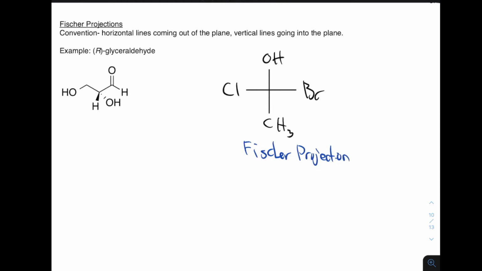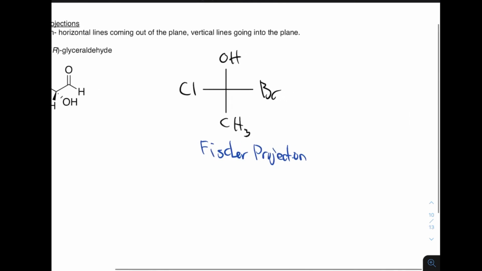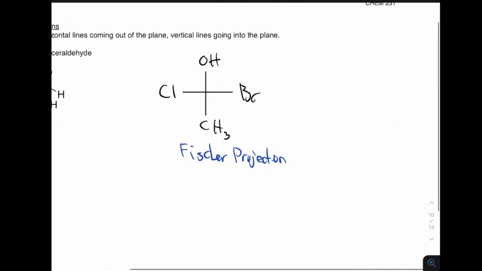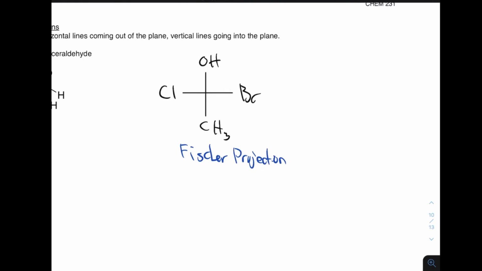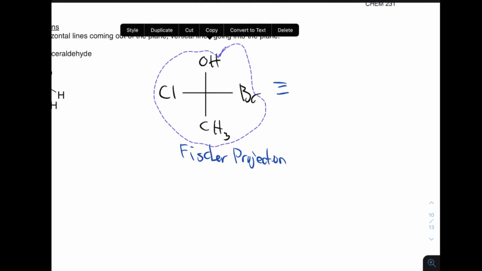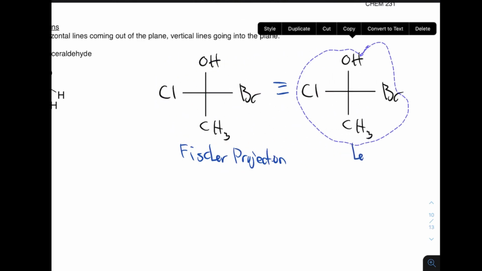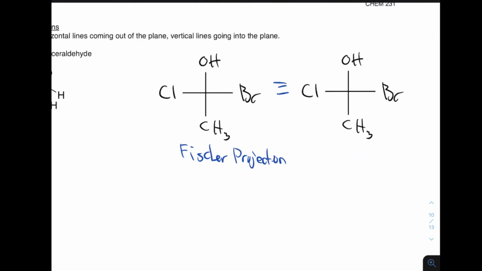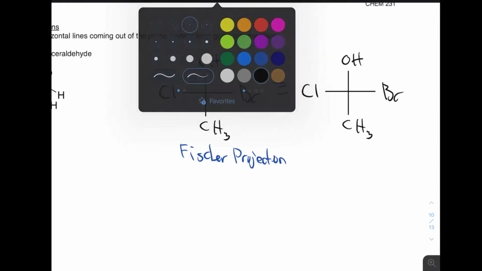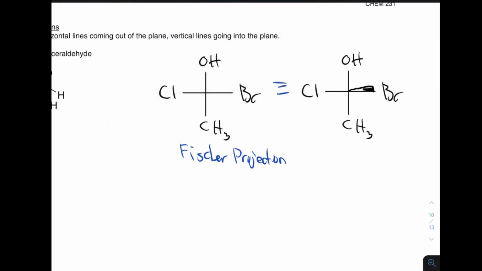And when we want to start working through this problem, we have to think about them in the convention that they're meant to, okay? So taking this, and remembering that horizontal lines are coming out of the plane, I'm going to turn this into a wedge, and vertical lines are going into the plane, so these bonds are on dashes.